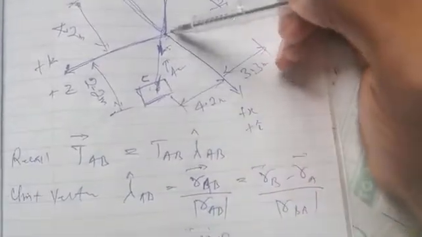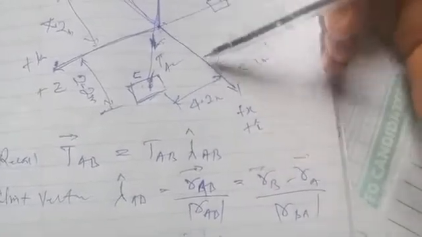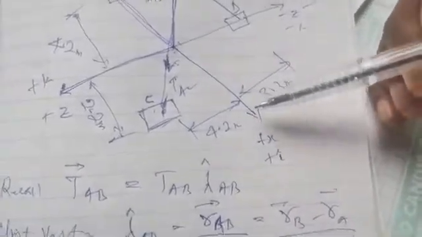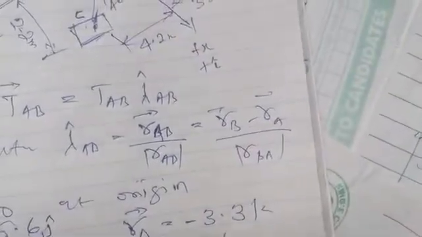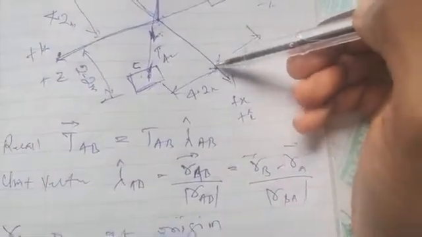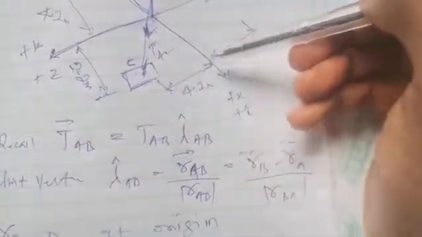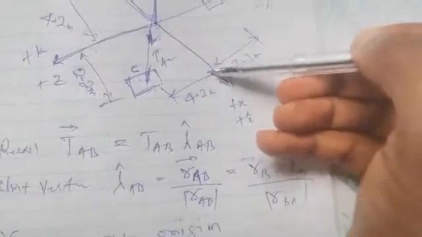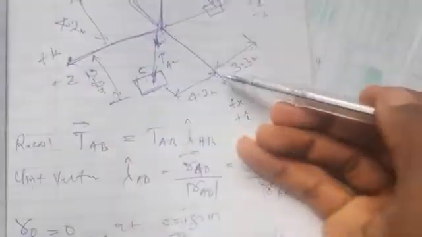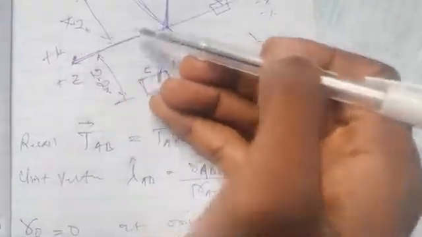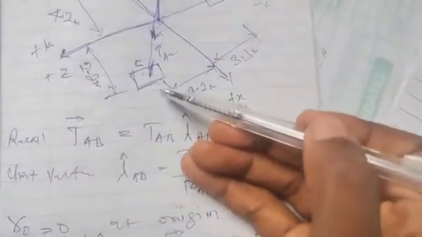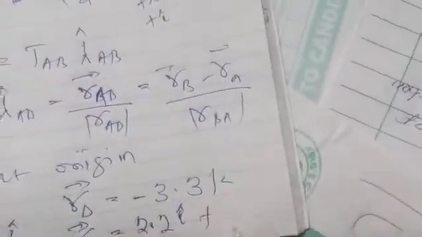If I move from the origin first towards the positive x-axis, that's positive I, covering a distance of 2.2, so I have 2.2 I. Then from there I move back towards this point to locate point C, covering a distance of 4.2 in the positive direction of Z. So plus 4.2 K. Those are all the positions.